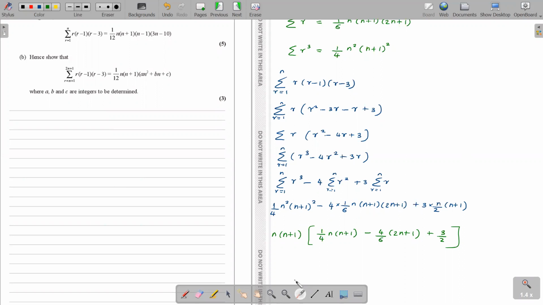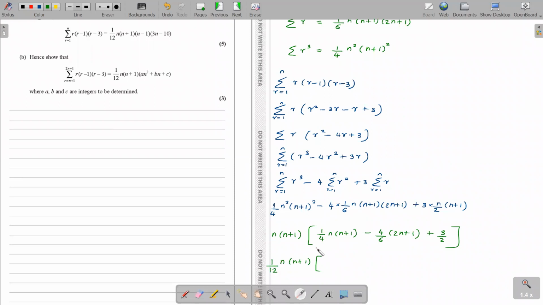And then when I look at the show that I can also see they've taken a 1 over 12 out. I don't need to have all these factors here. Let's take 1 over 12 out. So basically when you take 1 over 12 out, what does it mean? Inside, all your terms are multiplied by 12. When you take a number out as a division, it means the inside terms are multiplied. When you take a number out as a multiplication, inside terms are divided.